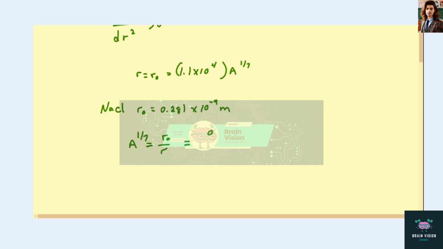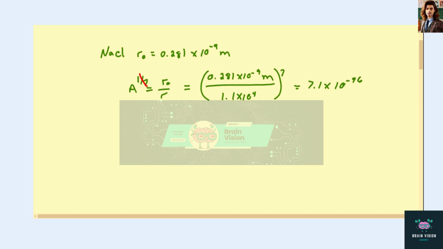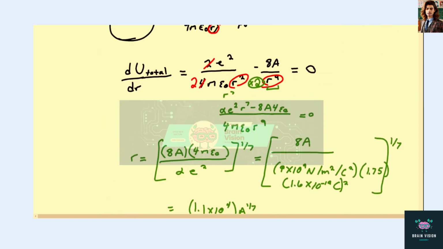And for this, we have 0.281 times 10 to the negative 9 meters over 1.1 times 10 to the 4th. And we're just going to do to the 7th to cross that out. Or more importantly, if I just do that here, perfect. And we get 7.1 times 10 to the negative 96. Okay, so now what we can do is go back up to our original.